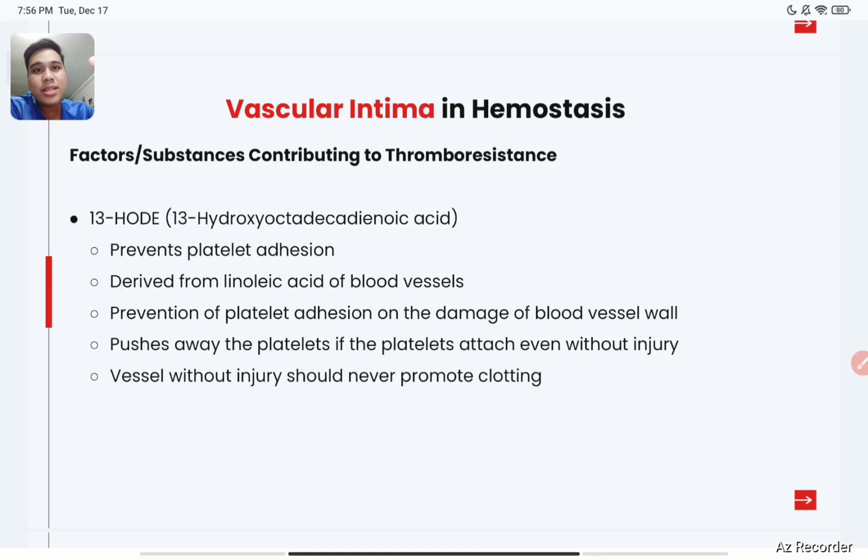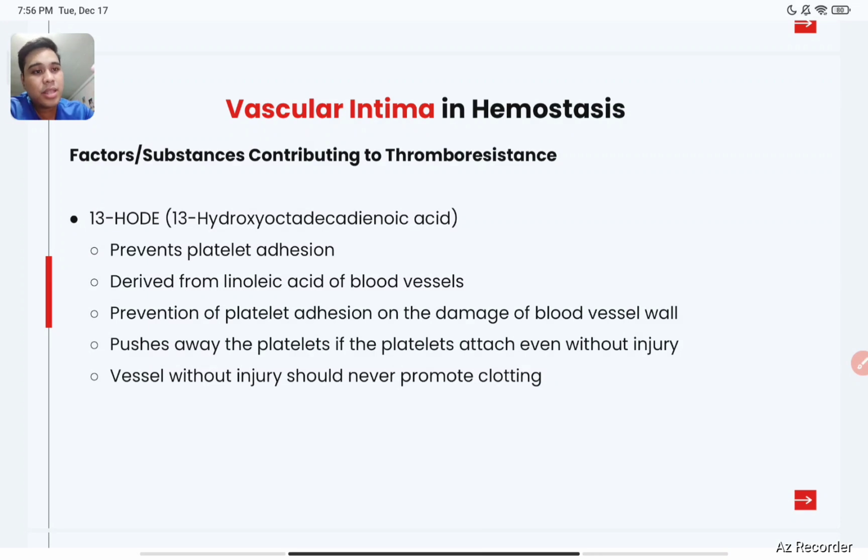The linoleic acid na sinasabi natin dyan is a form of fats. And galing din to sa, sino ba yung structure sa cells na may mga fats? Cholesterol, phospholipids, sa cell membrane din. Okay? So galing din si 13-HODE sa plasma membrane ng endothelial cells. So it's derived from linoleic acid of blood vessels.